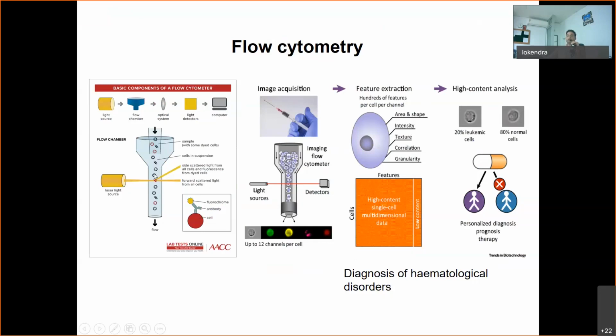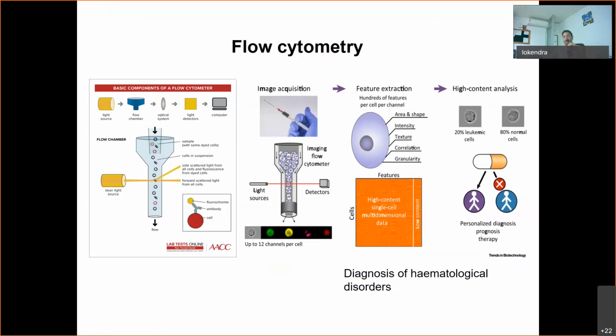And if those cells are labeled with a probe, for example a fluorochrome attached to an antibody, whether the cell is a healthy cell, a defective cell, or a cancer cell which is expressing more of certain types of receptors.